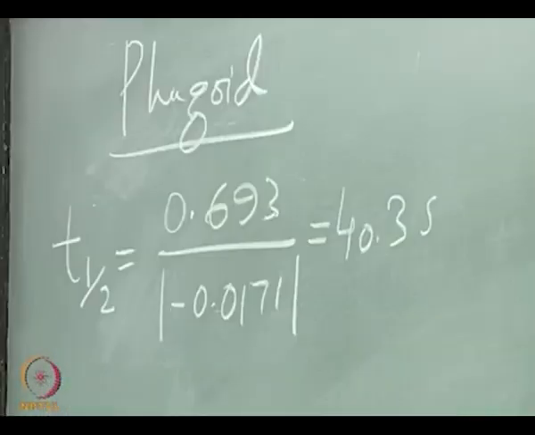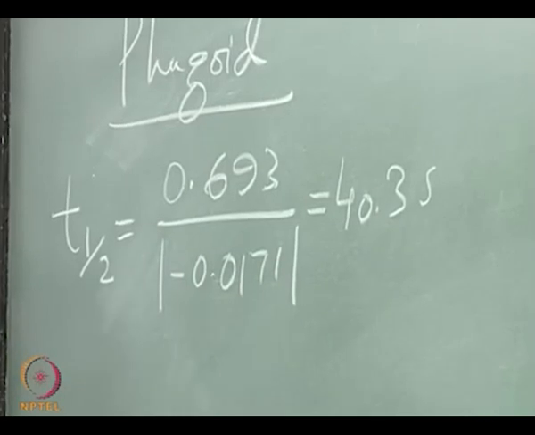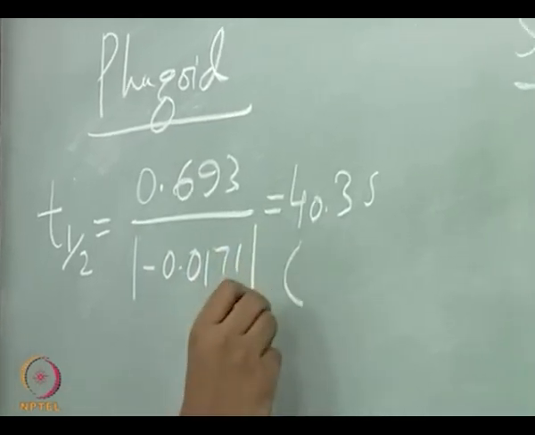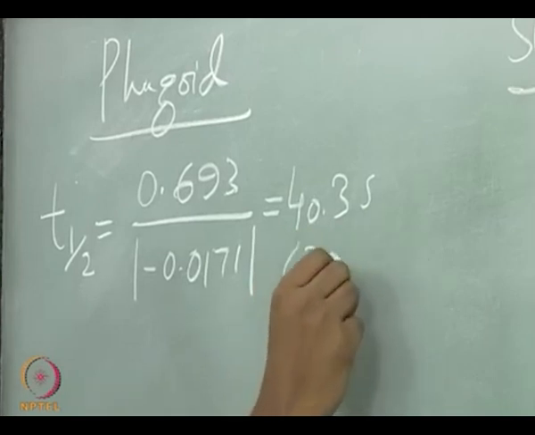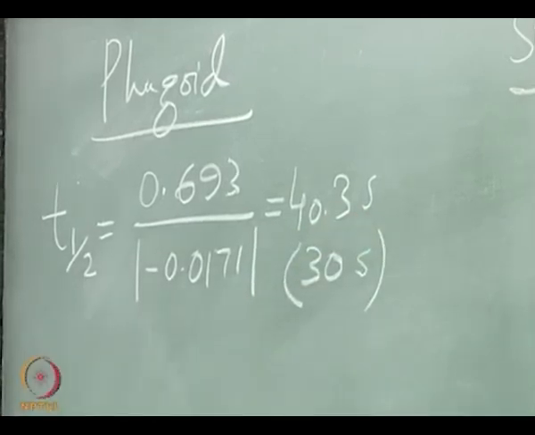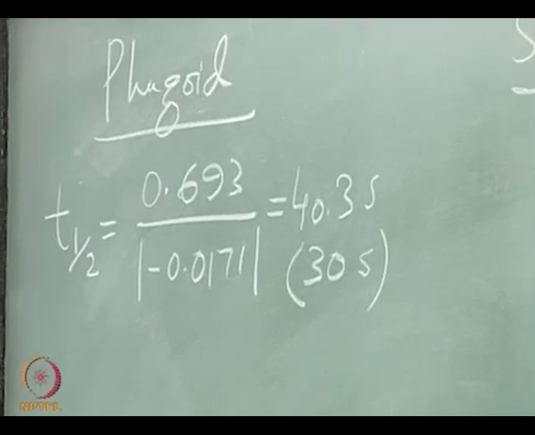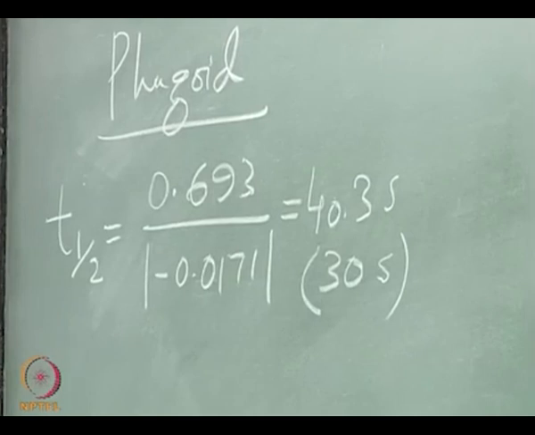The approximate value of this parameter is 30 seconds, which we obtained by using our formula that we derived for the phugoid mode.